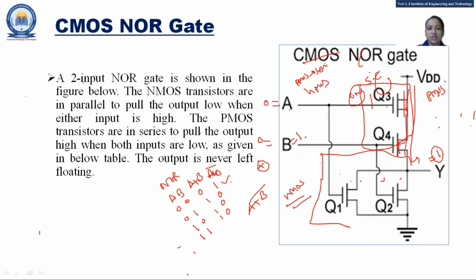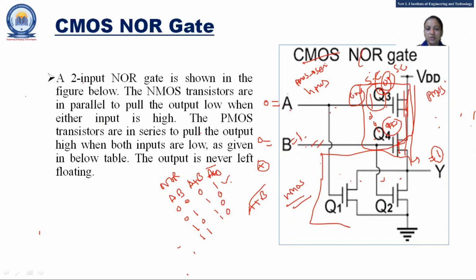Now if A is equal to 0 and B is equal to 1, if A is equal to 0, here Q3 is on, right, short circuit. Now B is connected with the Q4, it is 1, so it is an open circuit, so this is off, right.